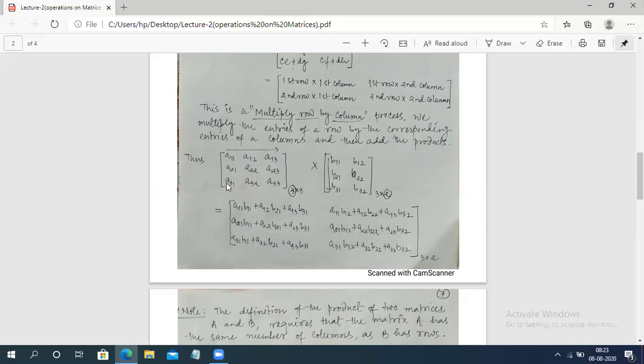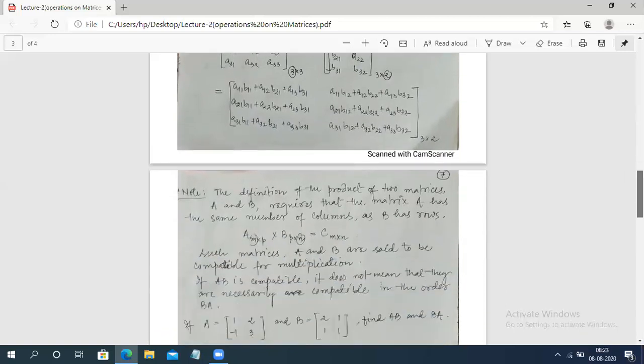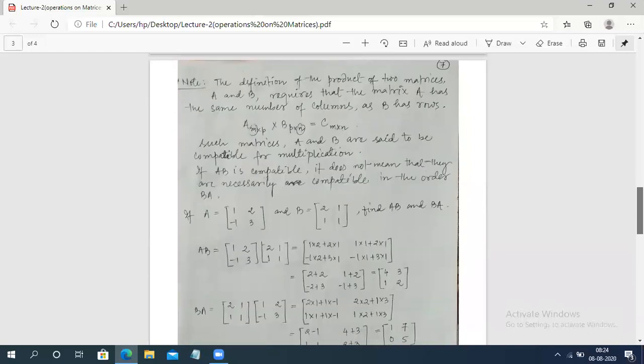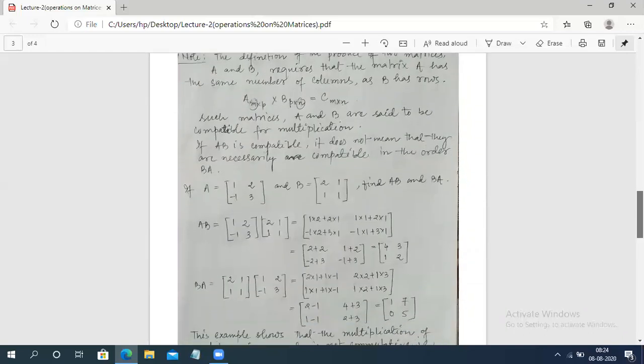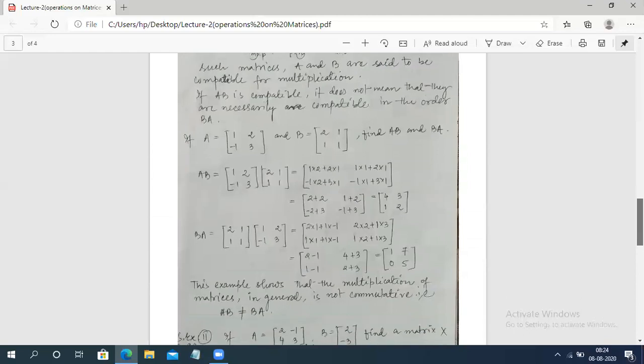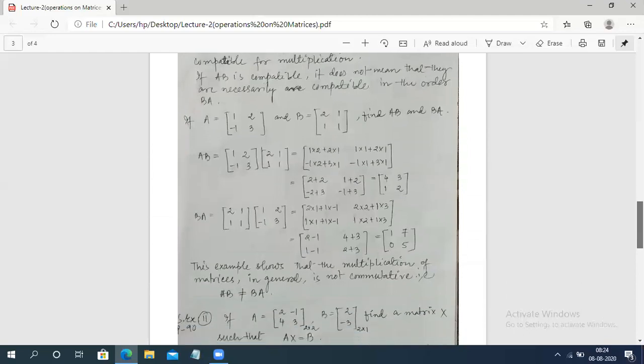Third, the third row with each element of the first column, and then each element with the second column, and we'll get the third row. So this is the method, this is the rule to find the multiplication of two matrices.